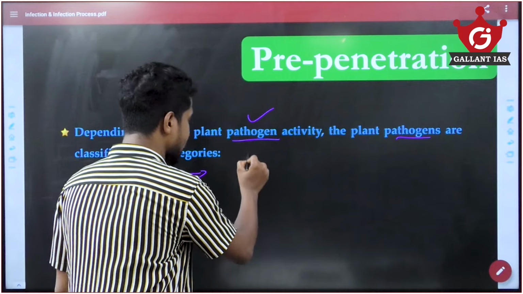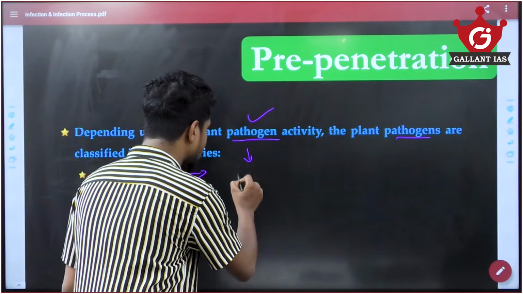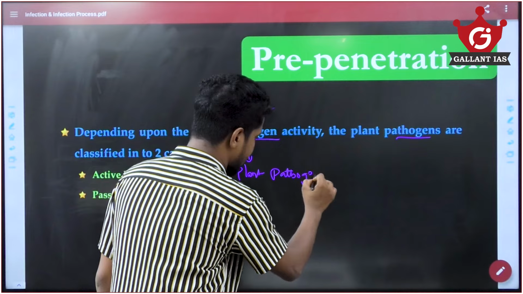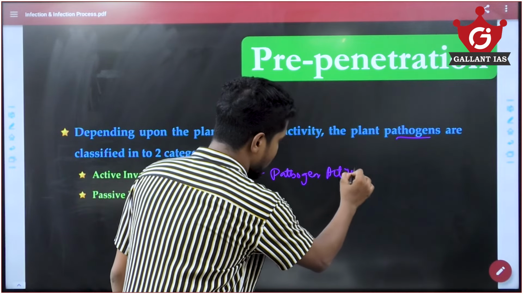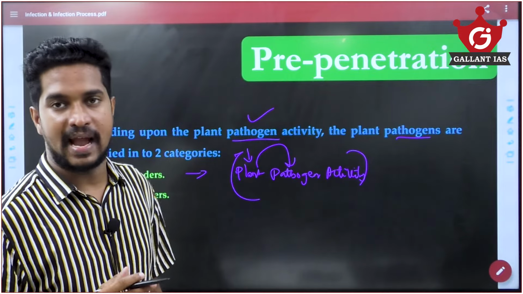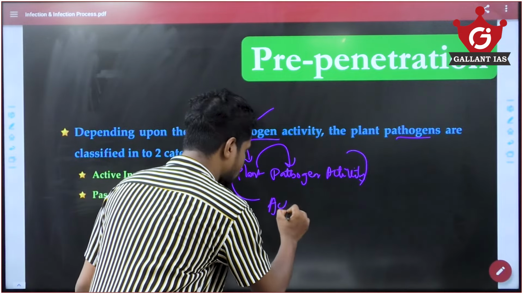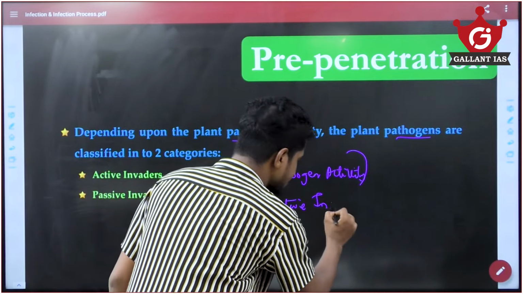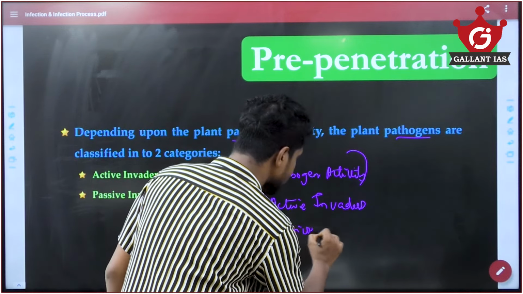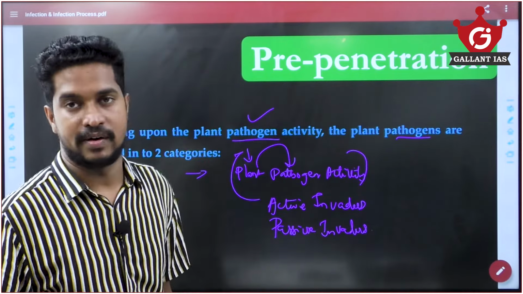This classification is mainly dependent upon the plant pathogen activity. Active invaders and passive invaders.